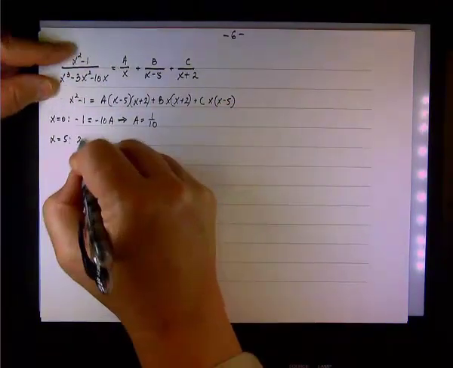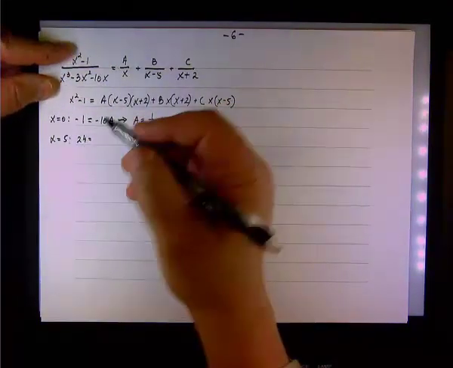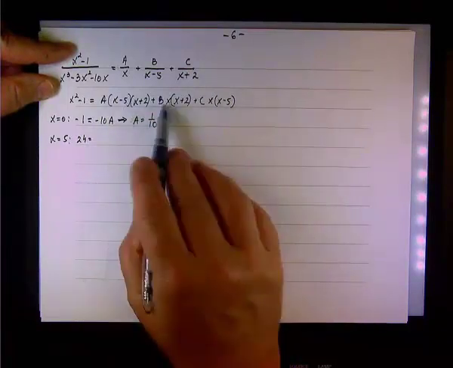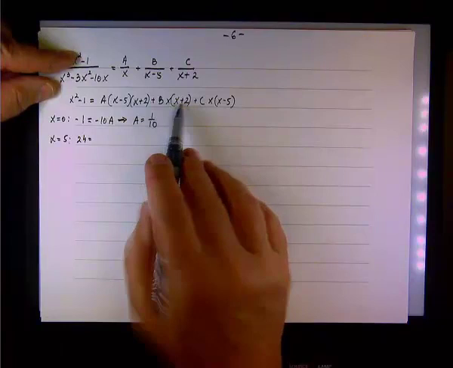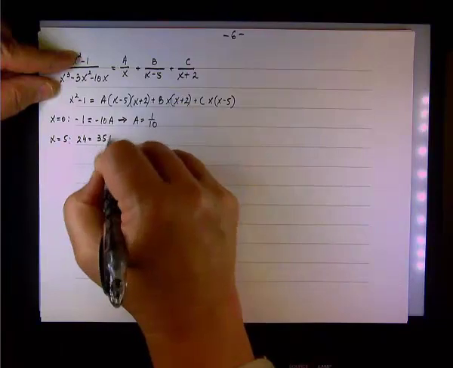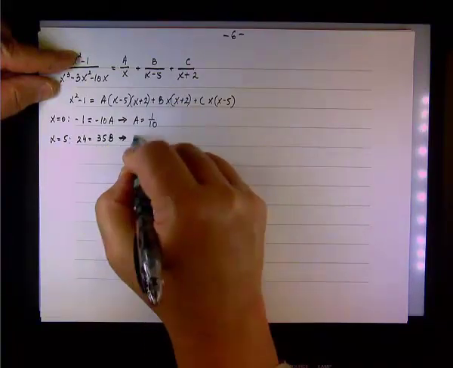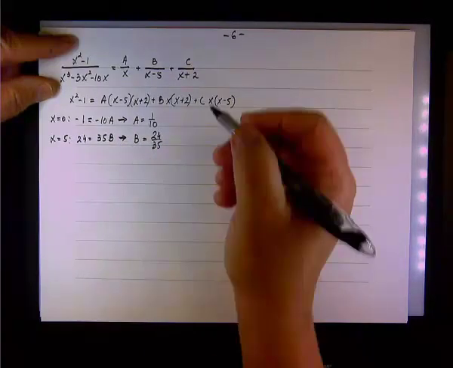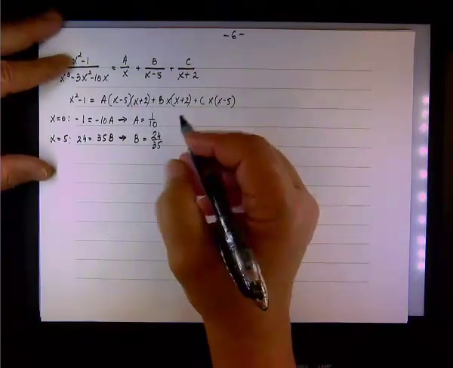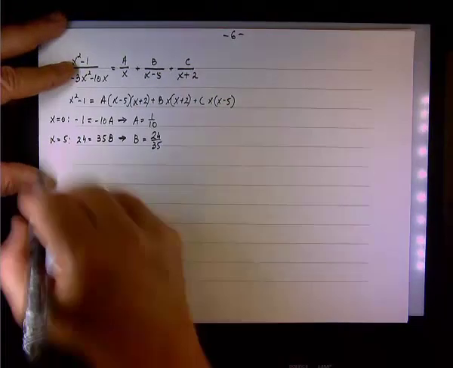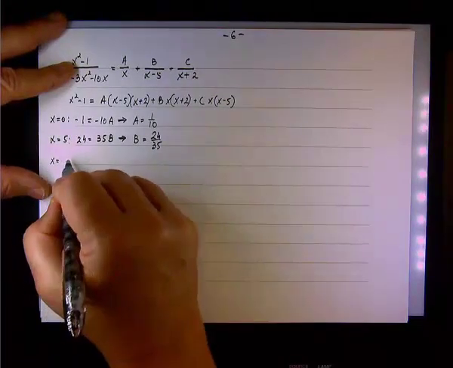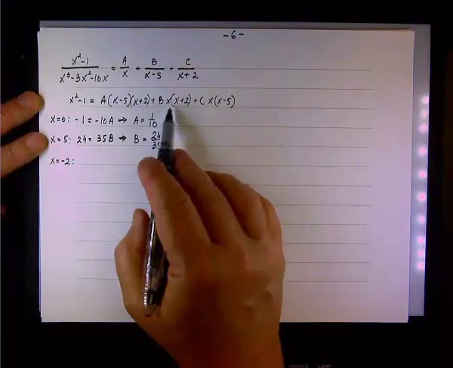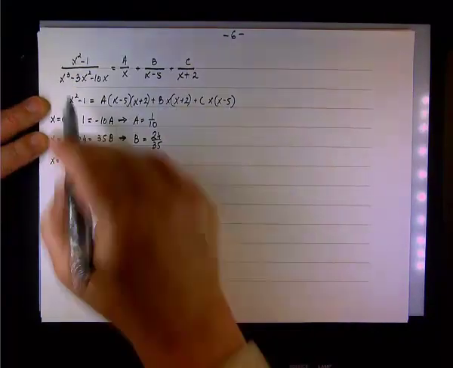If we let x equals 5, we're going to cause the a term and the c term to disappear. And of course, here we have 24 when x equals 5. And let's see, we have 5 times 7, that's 35, so 35b. So therefore, b equals 24 over 35. And we don't have a common factor here, so we leave it at that.